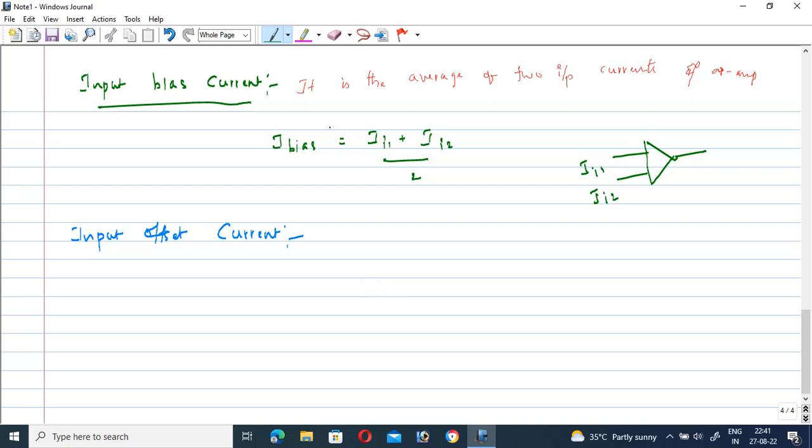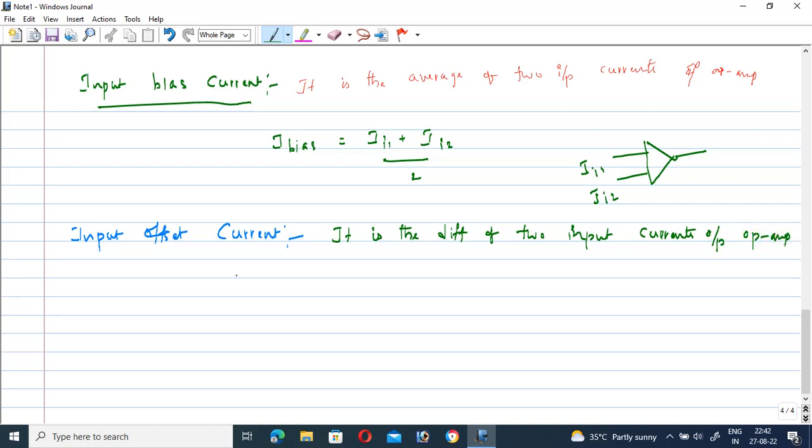Input offset current means it is the difference of two input currents of op amp.